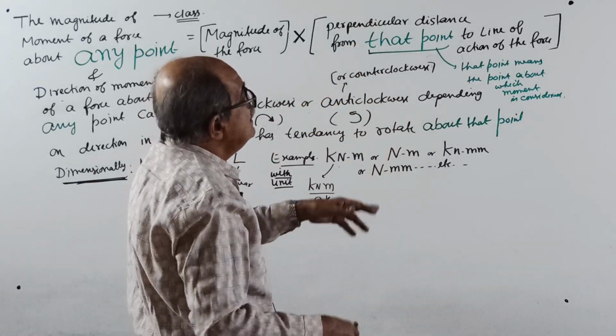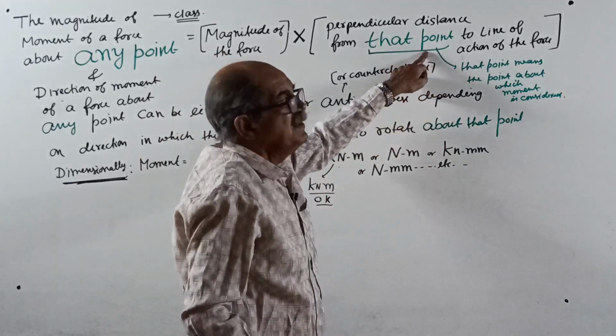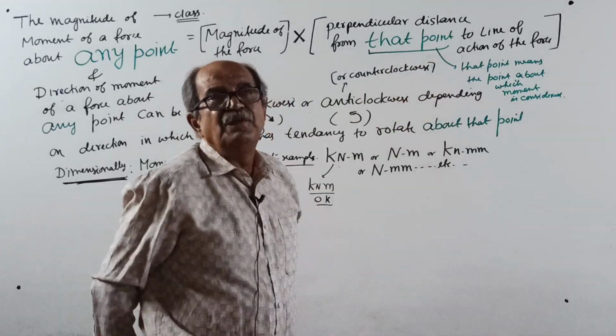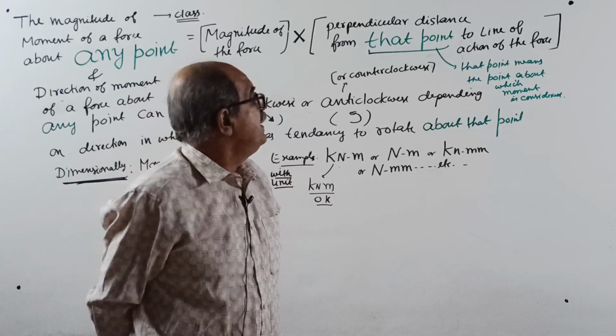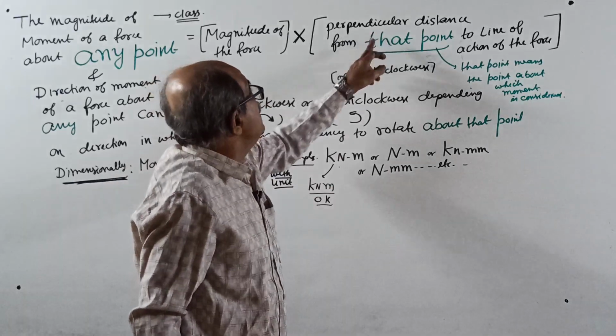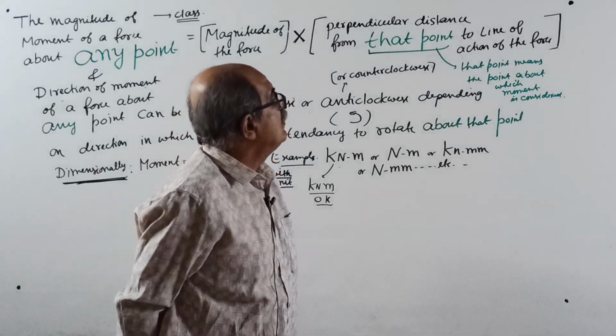So, force into distance. From now onwards, distance means, so that I don't waste time every day, the short form for perpendicular distance from that point to the line of action of the force.